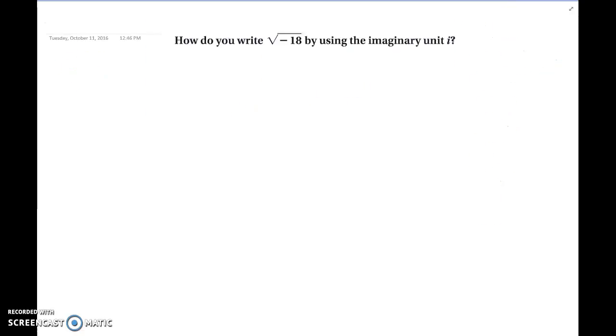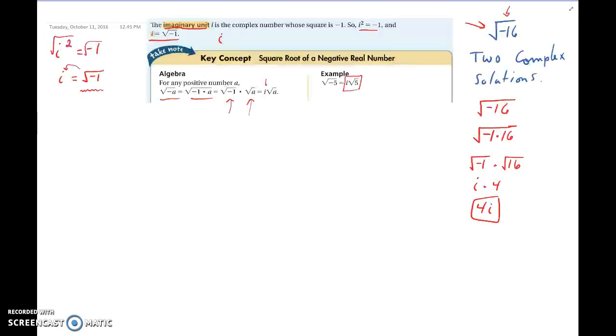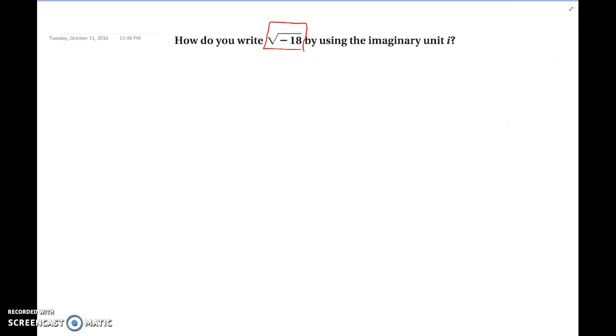All right, so we're just going to do one more example, simplifying or finding the square root of negative 18. Unlike the last example where the square root gave us a perfect square, this example does not. So we will simplify this like we would a regular radical, but before we get started, we're first going to take out the negative sign.